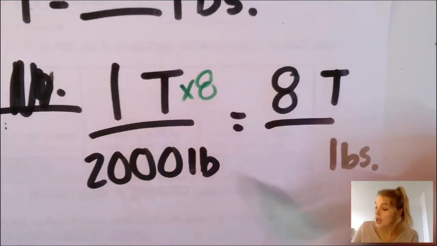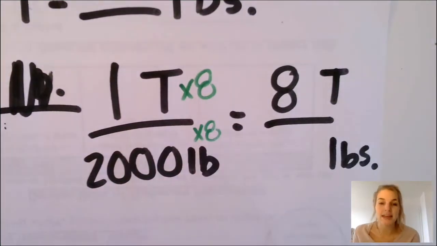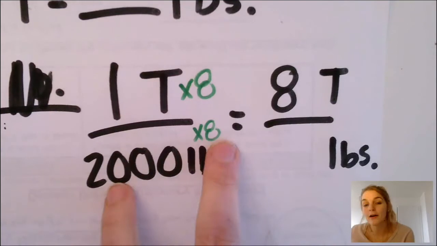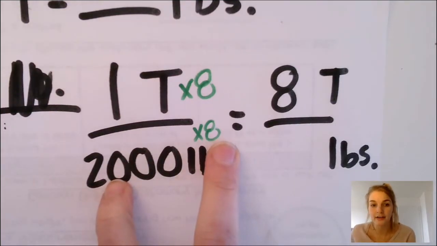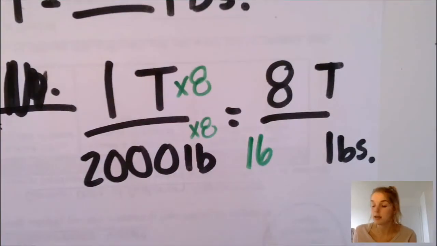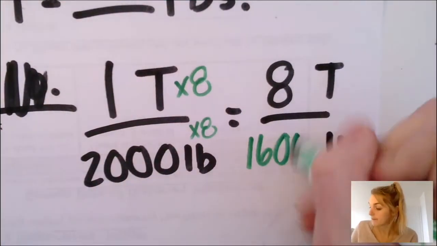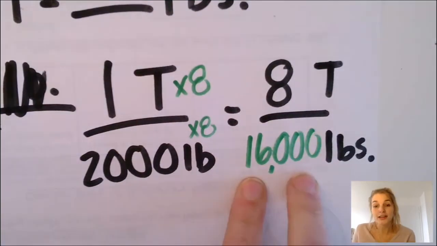And what I do to the top, I need to do to the bottom. So 2,000 times 8 might seem really challenging, but you guys learned last year and this year that all you have to do is multiply the whole numbers together. 8 times 2 is 16, and add your zeros. 1, 2, 3. And your answer would be 16,000 pounds.